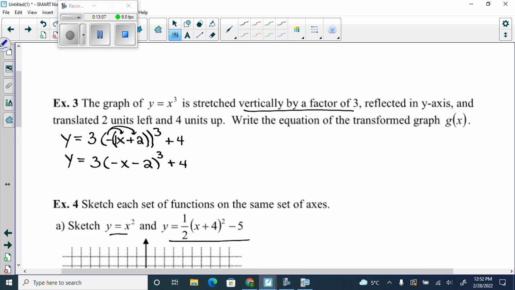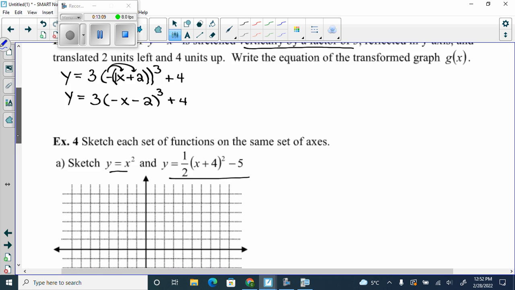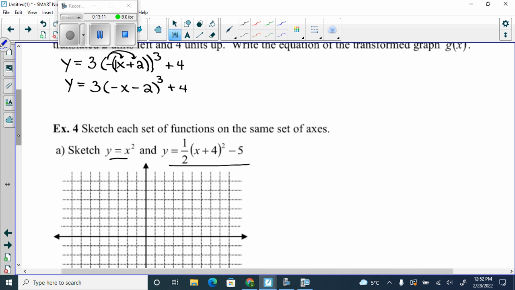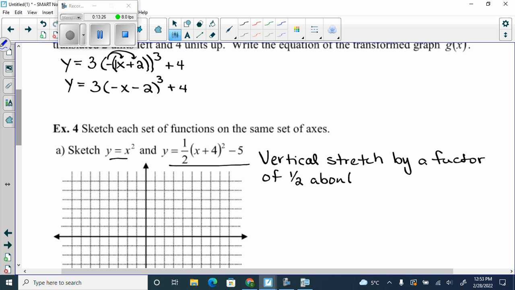The next one, we have to state the transformations. So here we would have a vertical stretch by a factor of a half about the x-axis.